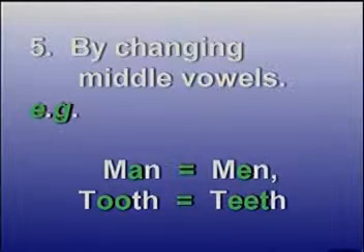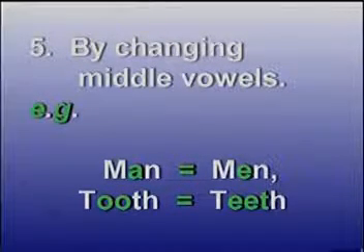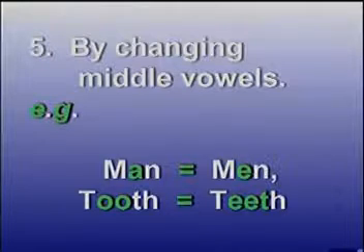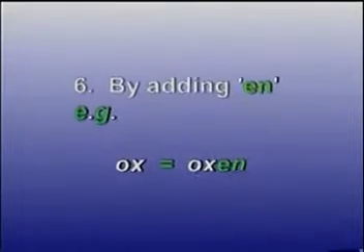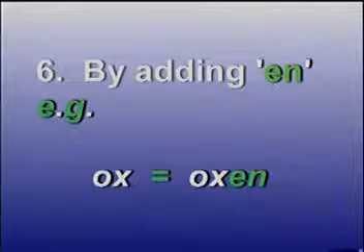By changing middle vowels, example, man becoming men and tooth becoming teeth. And by adding en, example, ox becoming oxen.